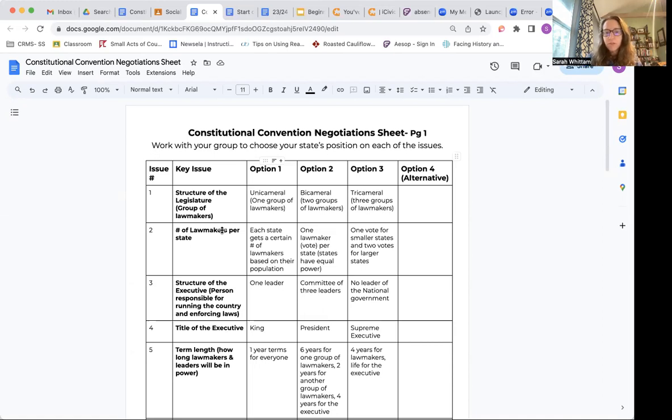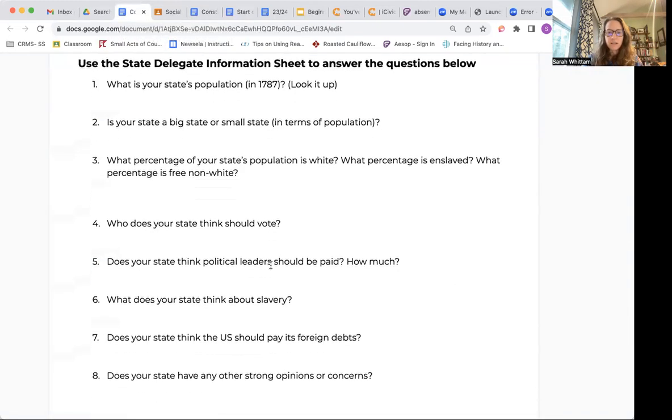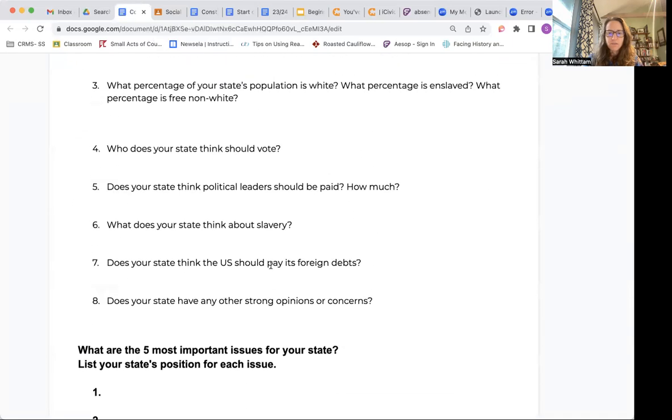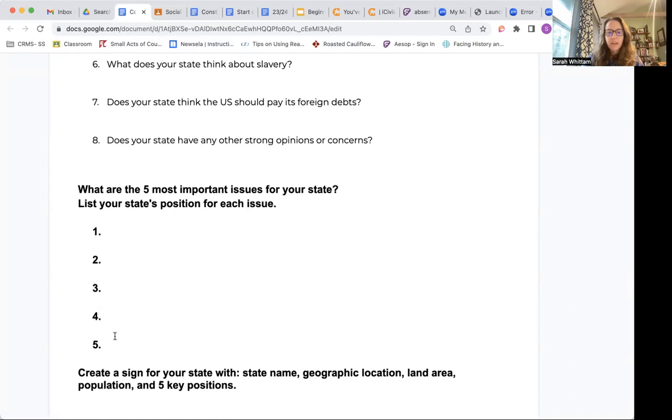So before you start working on this negotiation sheet with your group, I want you to get out 2 resources, to help you remember what your state thinks about these issues. The first one is your state delegate information sheet questions, right? So this is what your state thinks about the different issues and the 5 most important issues to your state.